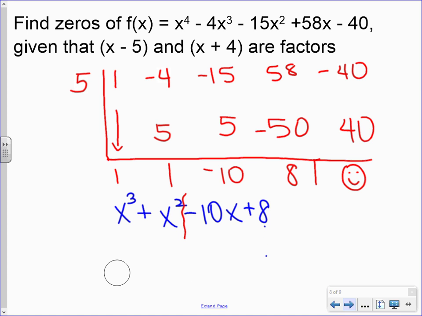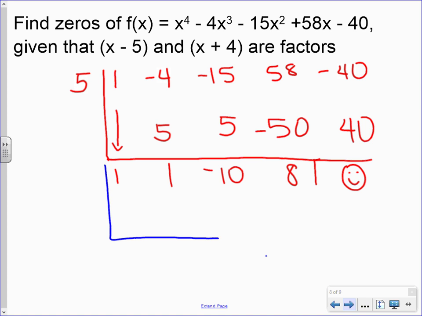Keep dividing, okay? But instead of dividing x plus 4 out of the first one, if it's a factor of the fourth degree polynomial, it has to be a factor out of this one. So what I would even do is erase this, and we can use our synthetic division with these numbers. So now negative 4 is our k value.